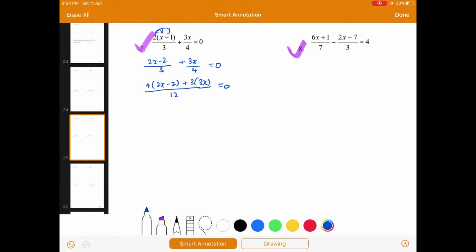So let's simplify this. We have to distribute the 4 in and positive 3 inside. So we will get 8x minus 8 plus 9x over 12 is equivalent to 0. So the numerator on the left hand side, we will have 17x minus 8 over 12. On the right hand side remains 0.